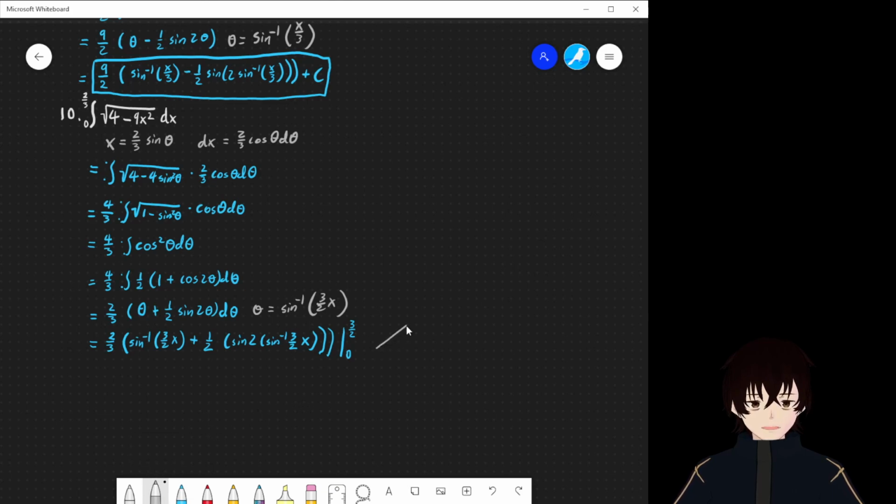I remember seeing a triangle before. Was angle theta. Opposite over hypotenuse. No. Sine theta equals 3x over 2.